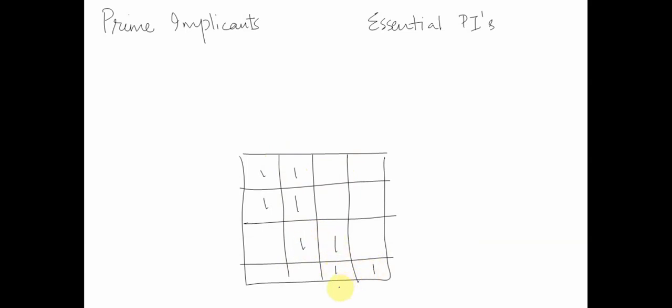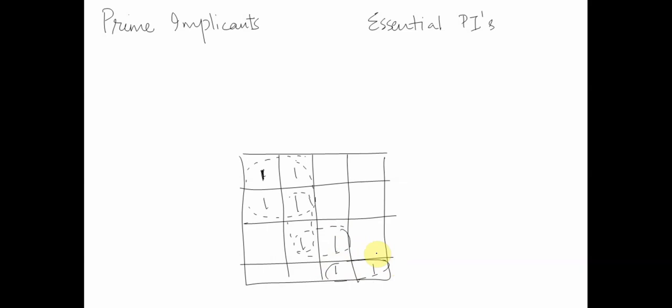I said prime implicants are about finding the largest possible groupings. One of the largest possible groupings over here is this particular grouping. The second grouping is this one. The third grouping is this. Is this clear, right?